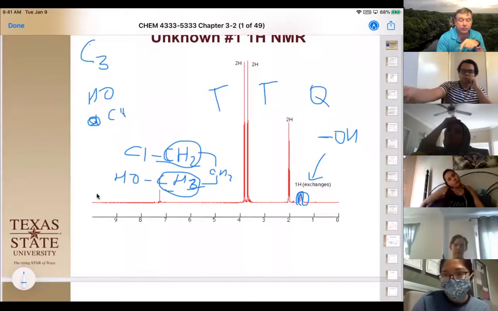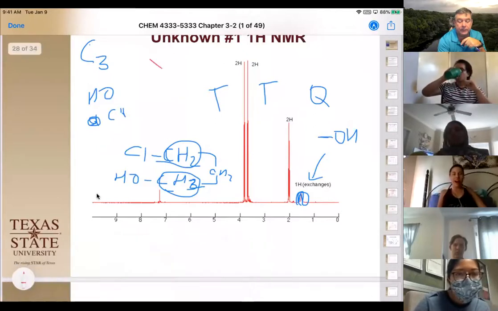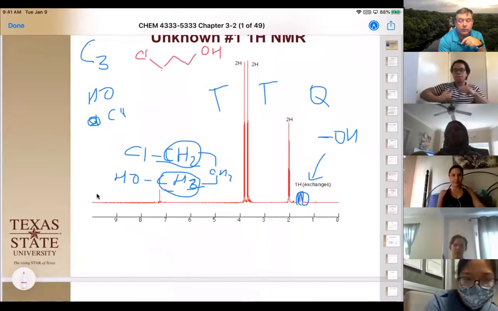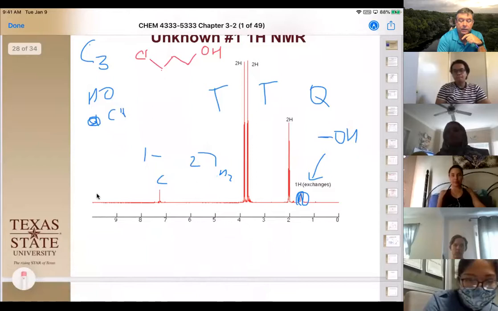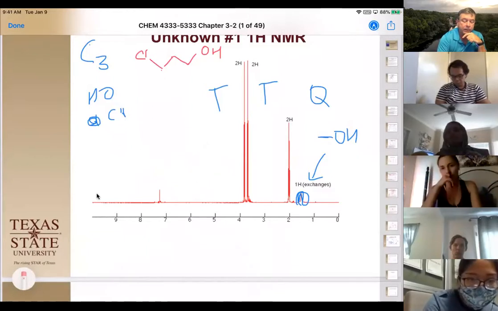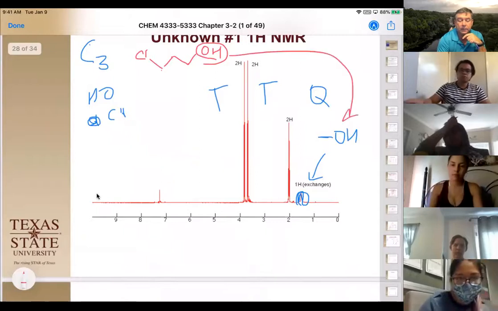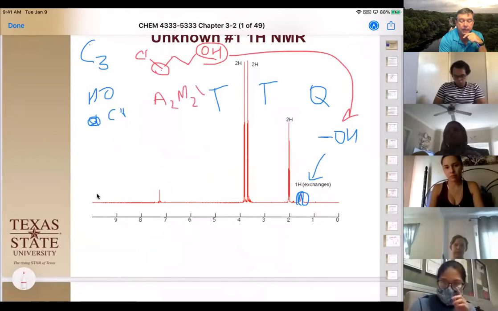So if this is our preliminary structure here, I'm going to redraw it up here as OH, Cl, 1, 2, 3, right here. Let's see if we match yet. This right here is this over here. So we got that. This right here would be our A2, M2, X2.